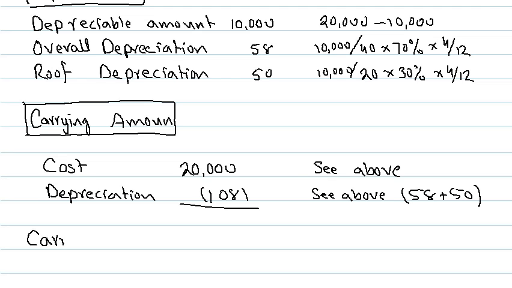And this would be our carrying value or amount. Here I should have a T. And it will come to 19,892,000.